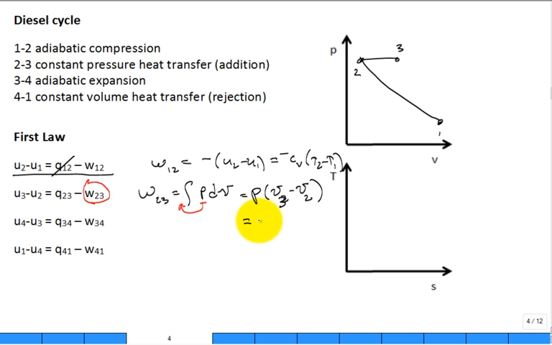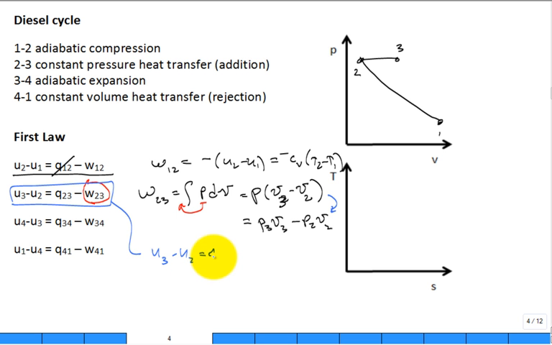Sometimes they'll write it like this. They'll write P3V3 minus P2V2. Is that the same? It's exactly the same because P2 is equal to P3. But they wrote it that way because, going back to the first law right here, you have U3 minus U2 equal to Q2 to 3 minus P3V3 minus P2V2.